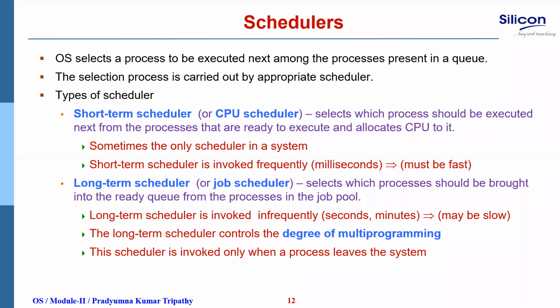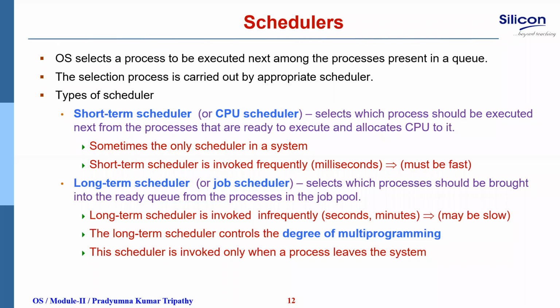It controls the degree of multi-programming and is executed infrequently, for very little time. Can it be remembered, or is it understood or not? The long-term scheduler takes the process and puts it in the ready queue, so it is responsible for creation of the process and its PCB. The long-term scheduler is also known as the job scheduler.